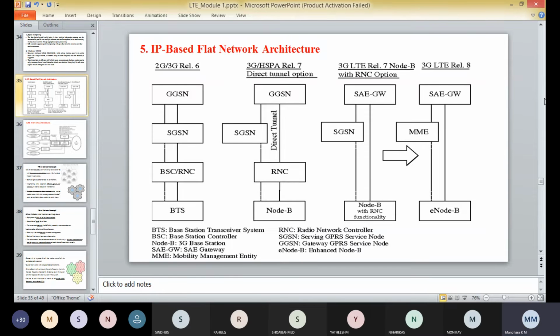Unlike the previous systems, which had a separate circuit switched subnetwork for supporting voice with their own mobile switching centers, that is MSC, and transport networks, LTE envisions only a single evolved packet switched core, the EPC, over which all the services are supported, which could provide huge operational and infrastructure cost savings.